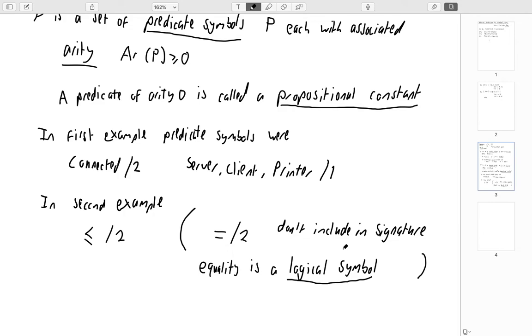So whereas formulas are ultimately going to express truth values, so they're going to express propositions, that's statements that have a truth value, terms are going to be compound expressions, that's complex expressions that denote elements of the universe of discourse.